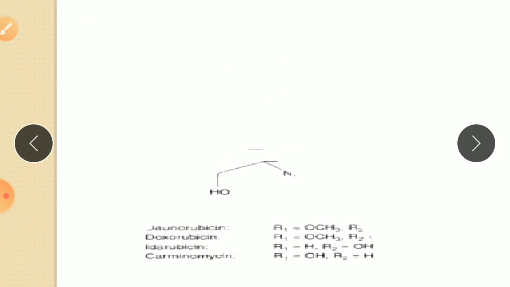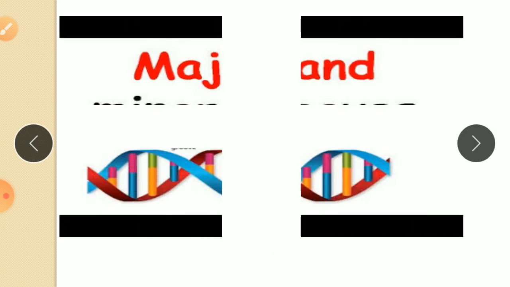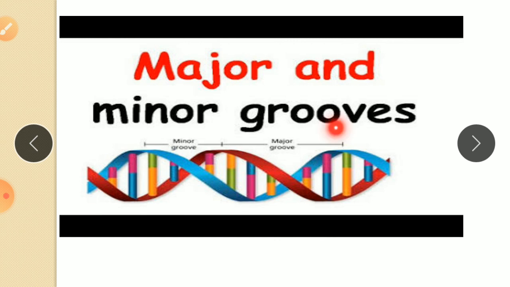So what are the major groove and minor groove? This is the DNA structure: this gap is the major groove, this one is the minor groove. So the B and C rings of anthracycline intercalate between the CG base pair, ring D intercalates in the major groove, and ring A along with the amino sugar intercalates in the minor groove.